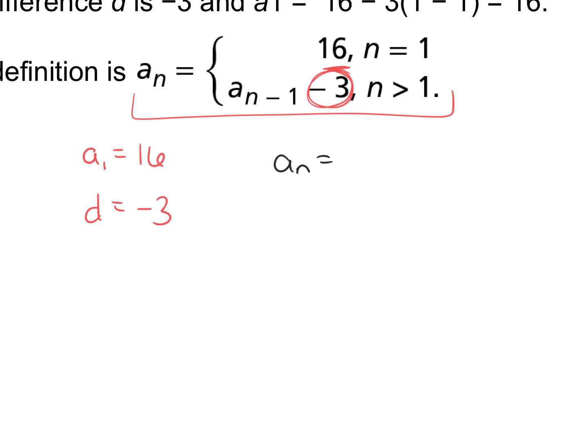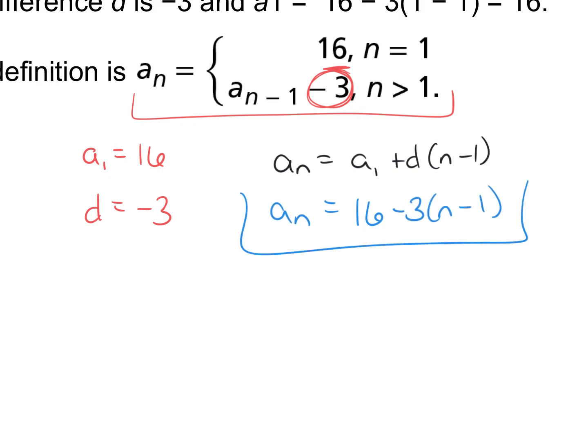So I have a sub n equals a1 plus d times n minus 1. Plug in what we know. What is a1? 16. So 16 plus negative 3 times n minus 1. This right here is my explicit definition. That's the only thing you have to do. You don't have to go any farther there.